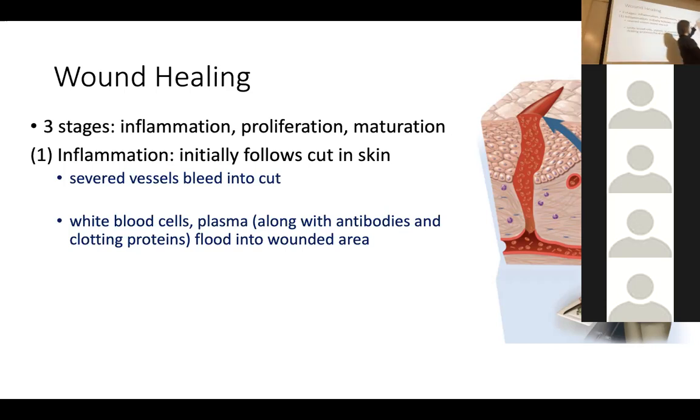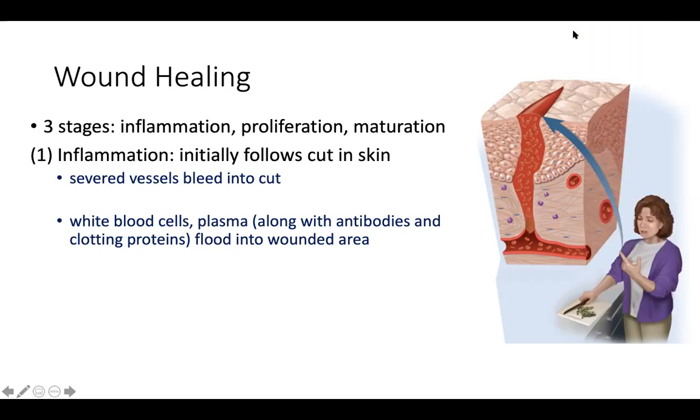So the inflammation stage is basically where the severed blood vessels are allowing blood to flow into the cut. So here we have a cut down into the skin. You severed some blood vessels, and that's allowing blood to actually flow up to the surface of the skin. Along with the red blood cells, which are mostly what you're seeing, there's a bunch of white blood cells, which are really important in the immune system I've mentioned before. But an immunity response also occurs. So white blood cells and plasma flow into the area.